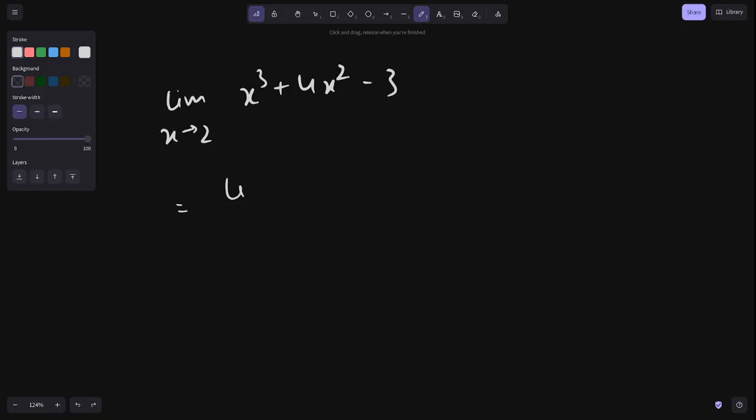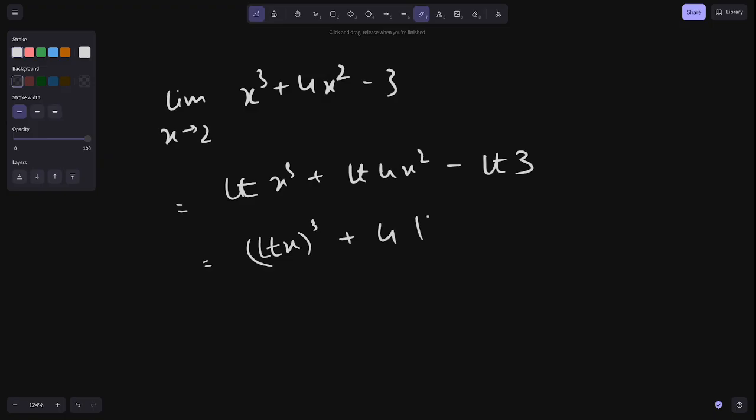You can start writing this as LT. LT x cube plus LT 4x square minus LT 3. Now we can use the power rule. So we can write LT x cube plus 4 LT x square minus LT 3.